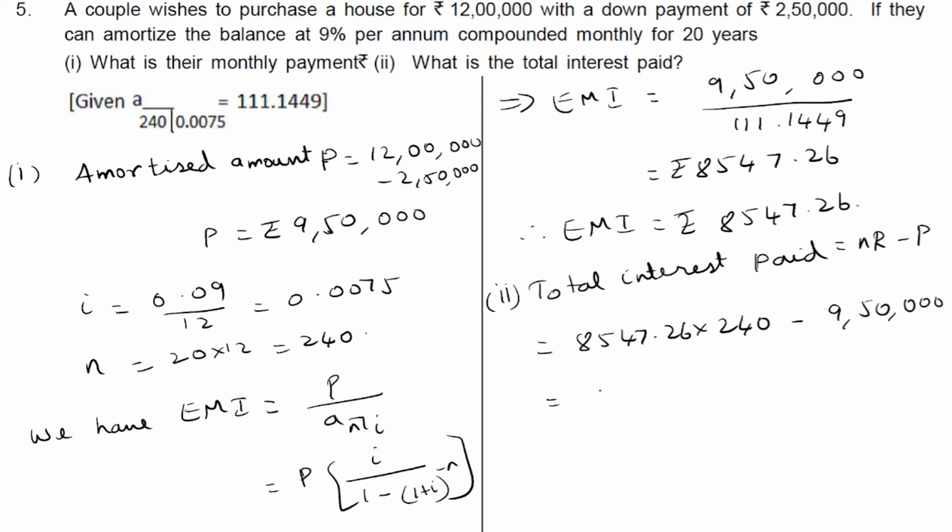So this is equal to 20,51,342 minus 9,50,000. So this is equal to rupees 11,01,342. So this is the total interest paid.